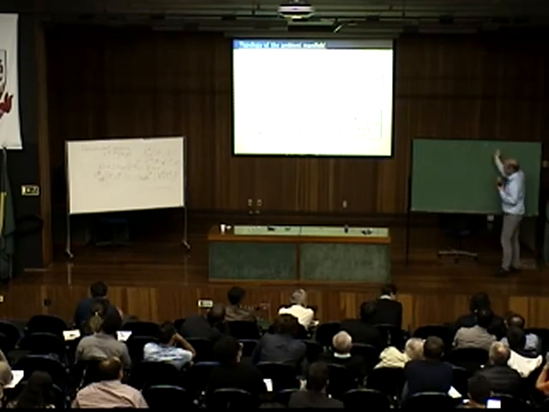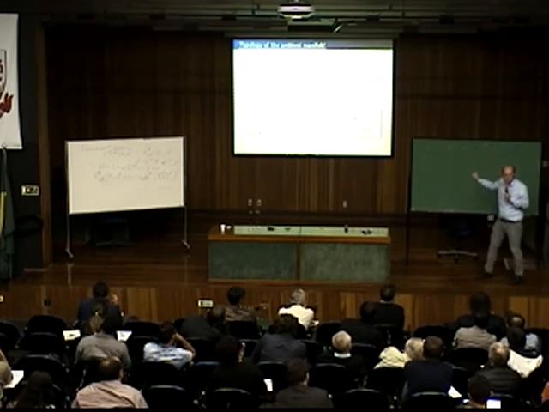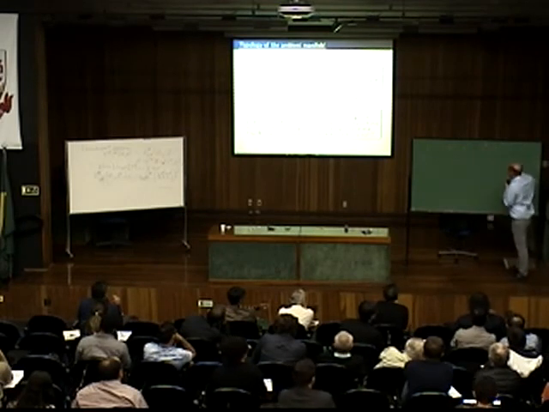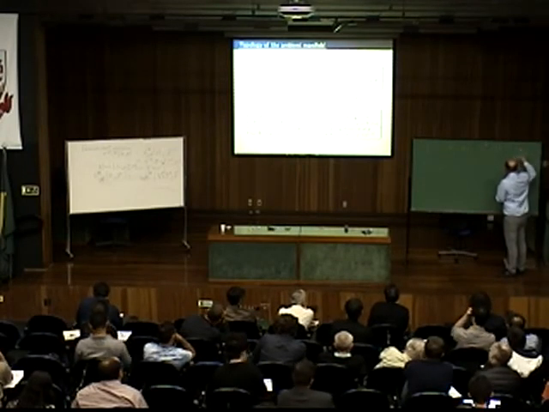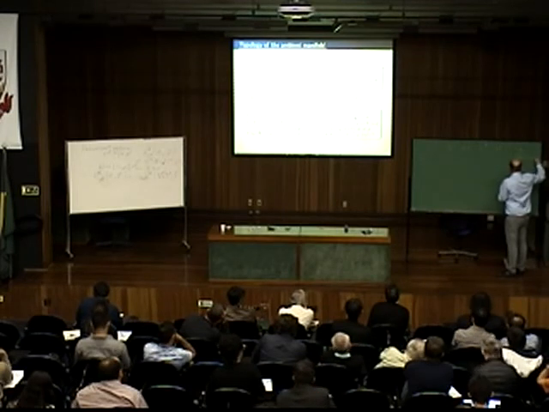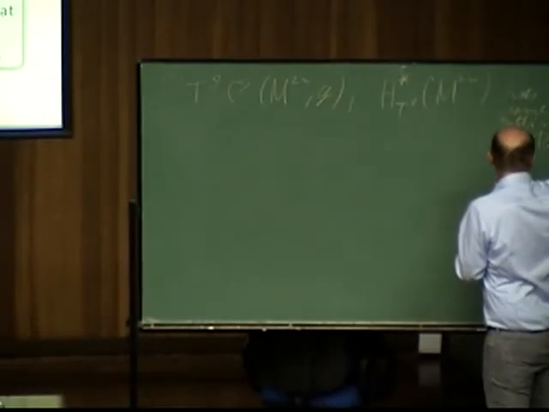And of course, if there are only even Betti numbers, then the spectral sequence will degenerate, right? So the BT has the same Betti numbers as M2N cross BT9.